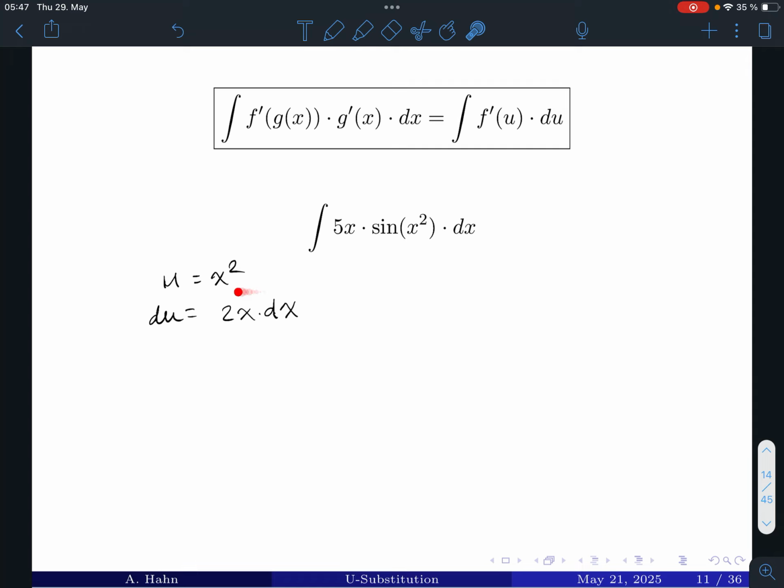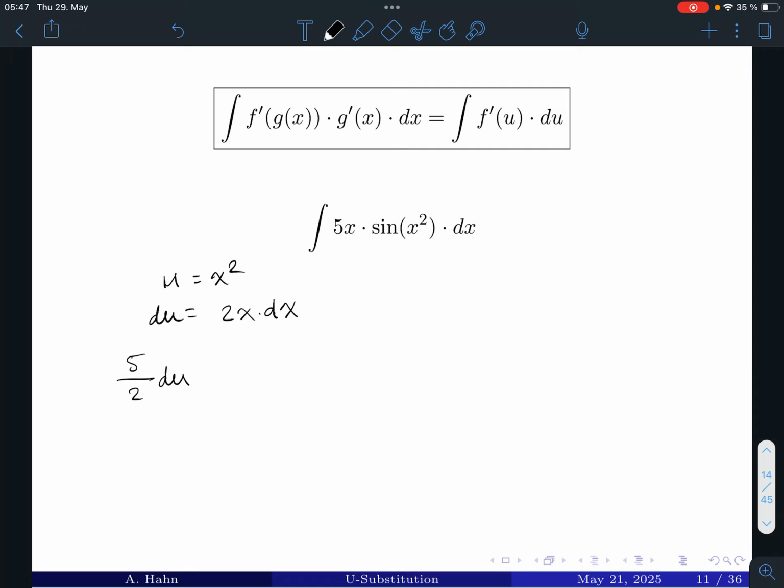So how can we change this 2x dx into a 5x dx? Well, we can just multiply both sides of the equation by a constant. It's okay to do that. We can multiply this equation by a constant, and then change this to be 5x dx. We just need to multiply both sides of this equation by a number that'll change the 2 into a 5.